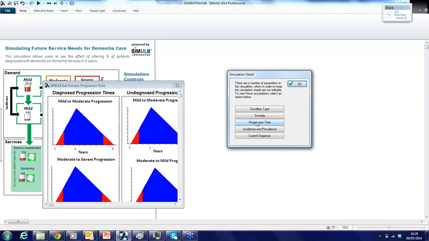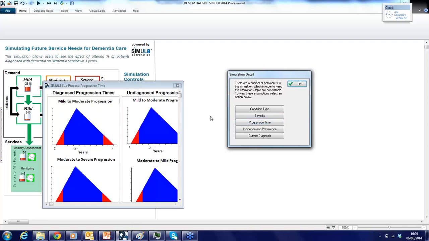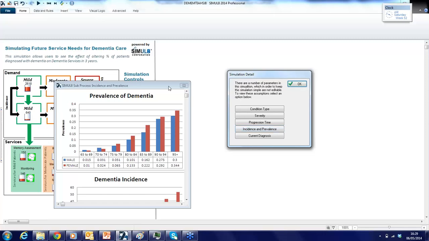So we can have people with mild, moderate and severe dementia when they start off, and then that progresses over time. So you can progress from mild to moderate and from moderate to severe. So you will stay in those disease states, if you like, for that period of time, and whilst you're there you'll receive the services that are relevant to your particular stage of dementia.